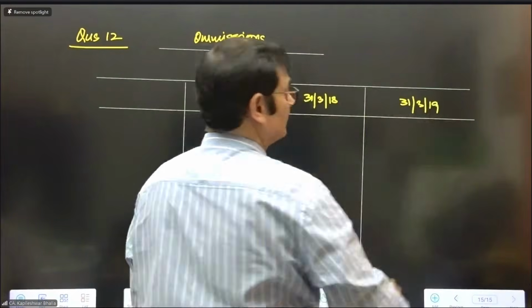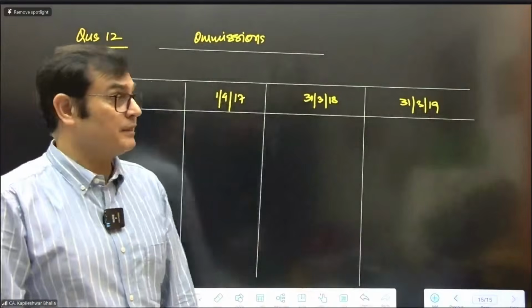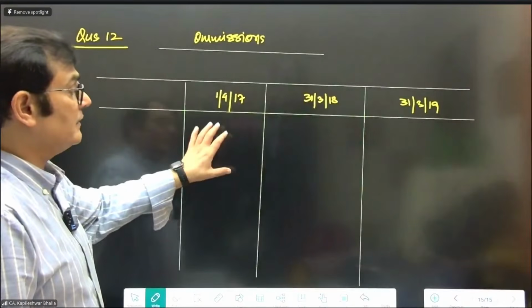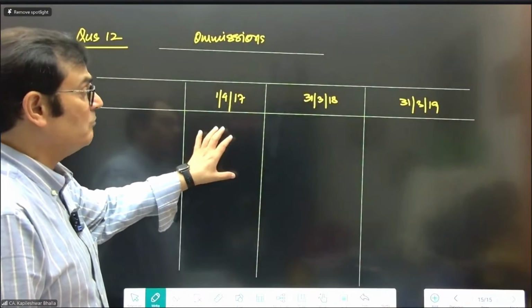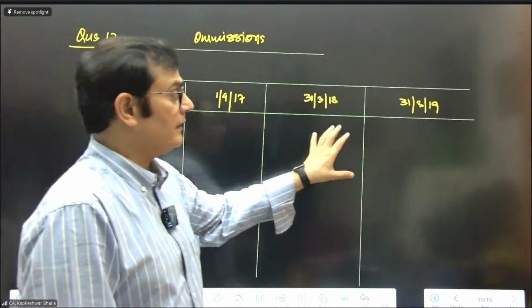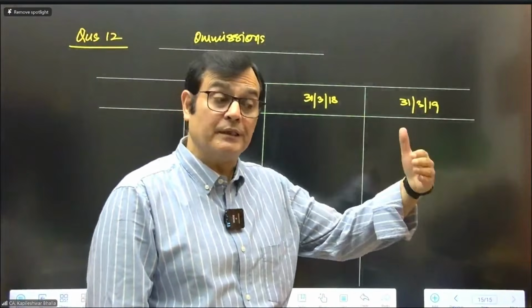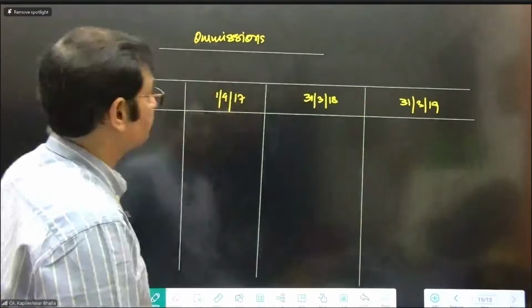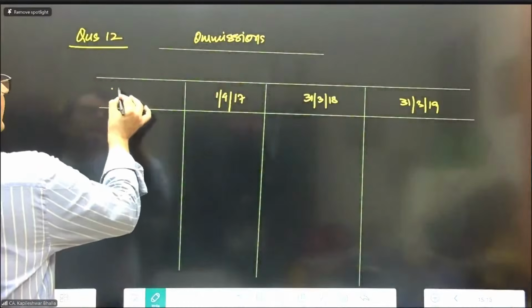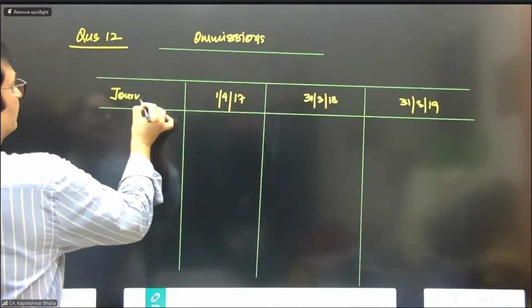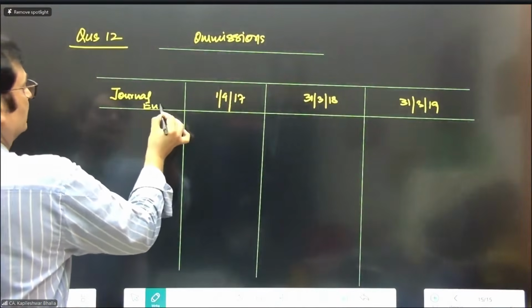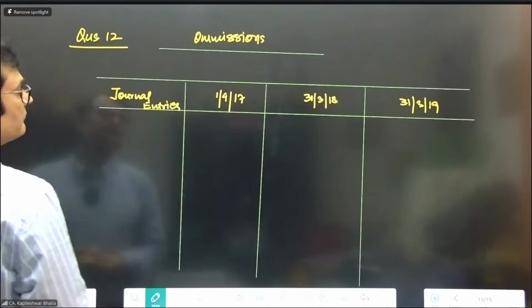It's a good way to present the answer, because we can very clearly tell the examiner the entries which were omitted on the acquisition date and their consequential impact post the business combination. So let's look at the journal entries.